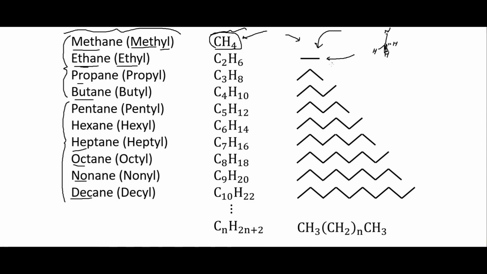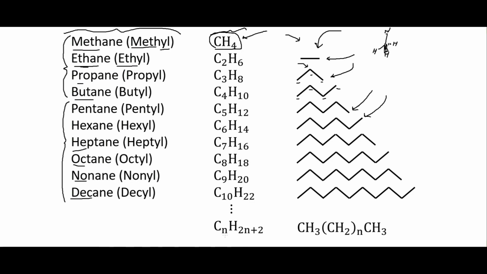But we see when we get to propane, we start drawing it with slanted lines like this, where each corner is going to be a carbon. So we start with 1, 2, 3 carbons, and we go to 1, 2, 3, 4, and so on, just continuing to add carbons to the end like that.